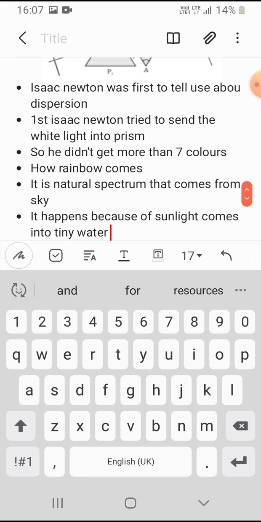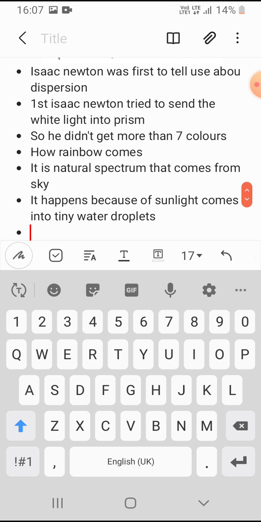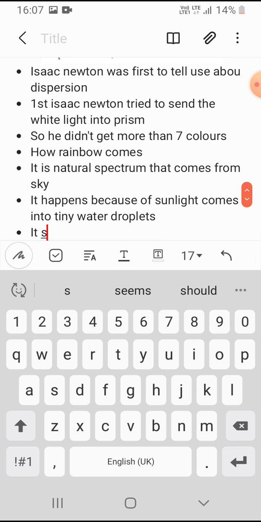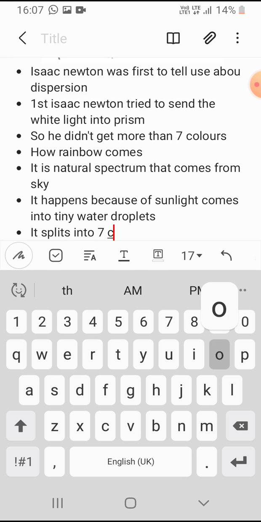When the rain comes, as you know, a rainbow appears, because when the sunlight enters the water, the water is also like a prism. The tiny water droplets split it into 7 different colors.